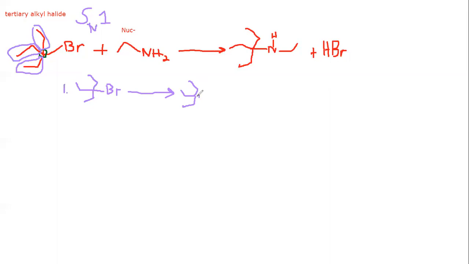Here's our carbocation, and we form bromide. That's step one. And now if we write the rate for this step, it's just the alkyl halide that is involved in the rate. And again, the first step is always the slow step. So anytime you have an SN1 reaction, the slow step is always the first step.